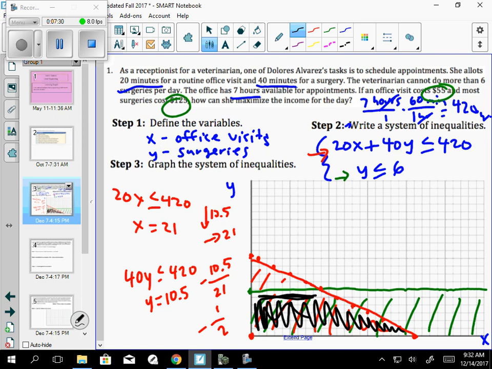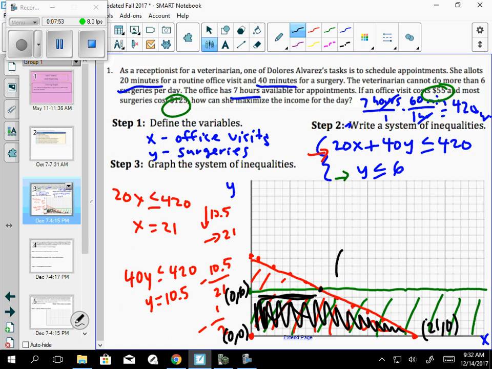So our corner points, or our vertices, there's 4 of them here. One is 0, 0. One here is at 0, 6. There's one way over here at 21, 0. And then there's this corner point right here that we also want to label.